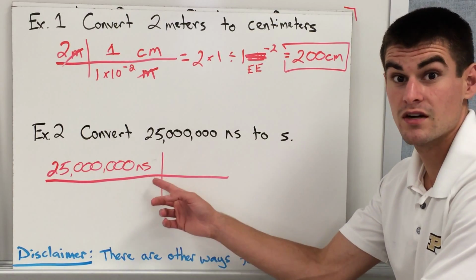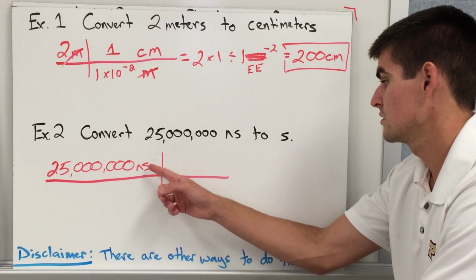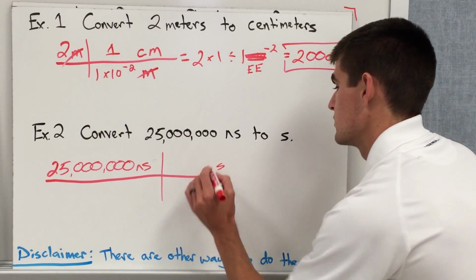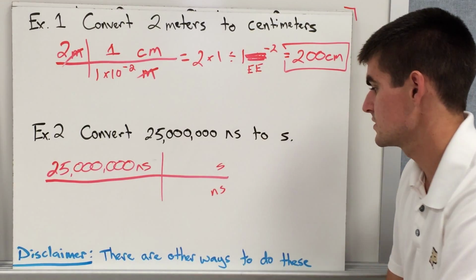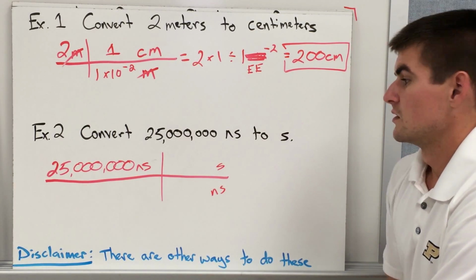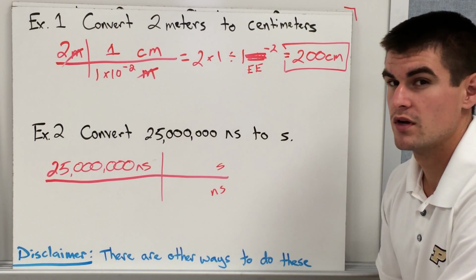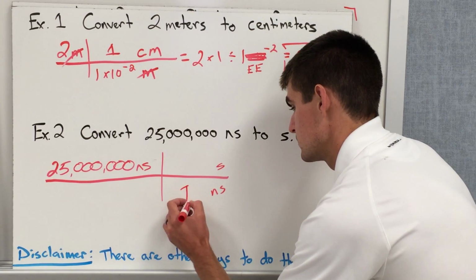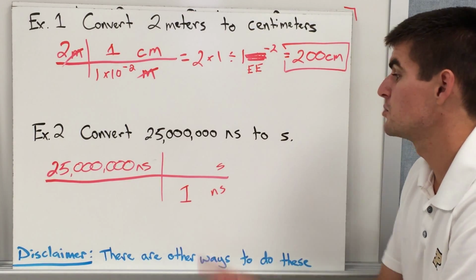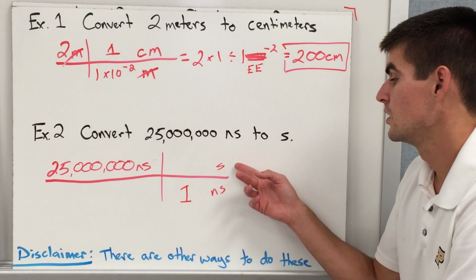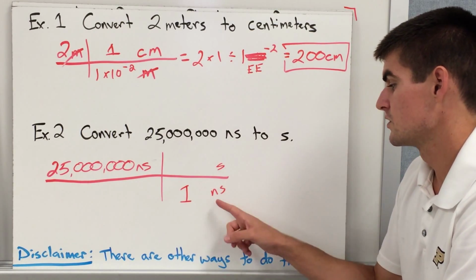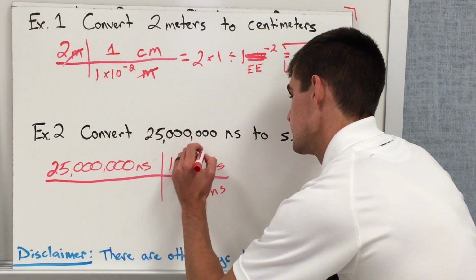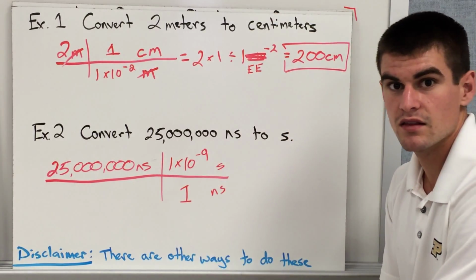Same as before, I want nanoseconds to cancel, so put them opposite. Opposite is down. And then converting to the label s for seconds. Going from before, we put the 1 next to the one with the prefix, and then we put the times 10 to the exponent with the one without the prefix. So nano is 1 times 10 to the negative 9th.